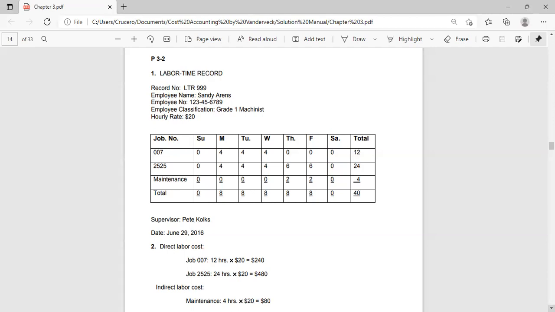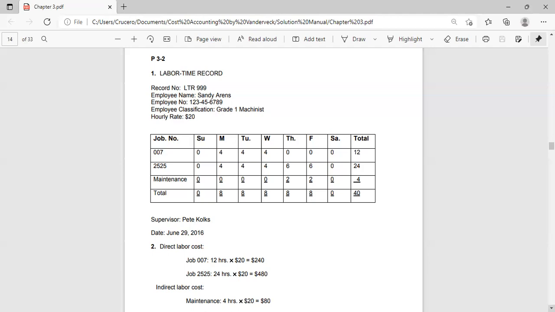Okay. So for Monday, we have 4 hours as stated, and the same with Tuesday, Wednesday, Thursday, 0, Friday, and Saturday, 0, for job 007.